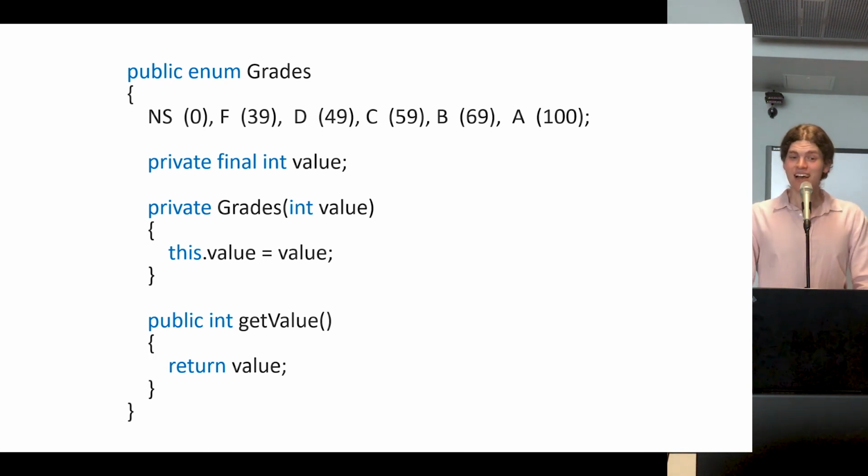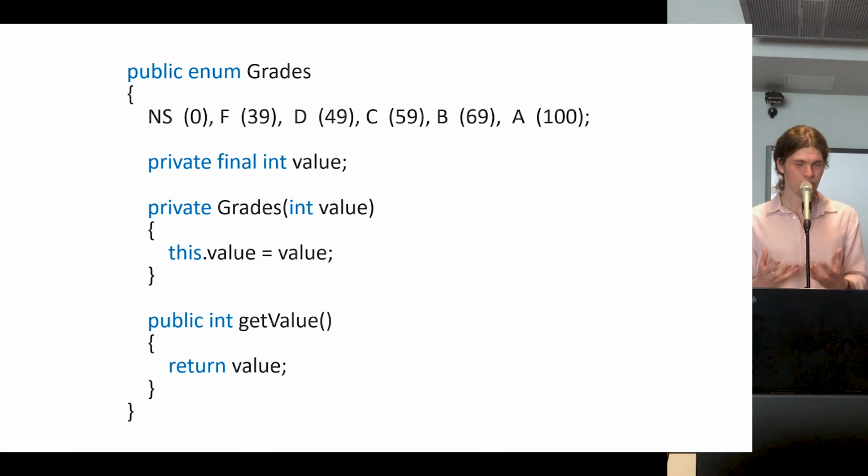But here, when we place the integer values for the corresponding enumerate values, NS to A, in between a pair of brackets, parentheses, that is an implicit call to the enumerate constructor. Okay, so that 0 for NS is passed into the enumerate constructor and is then set to the private member, the variable, the attribute of this class.